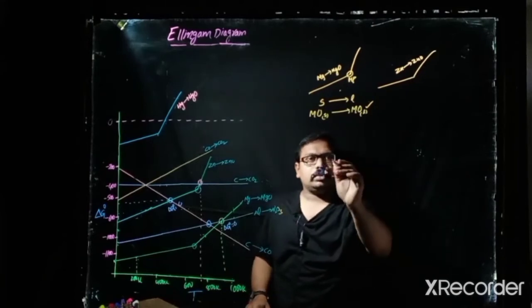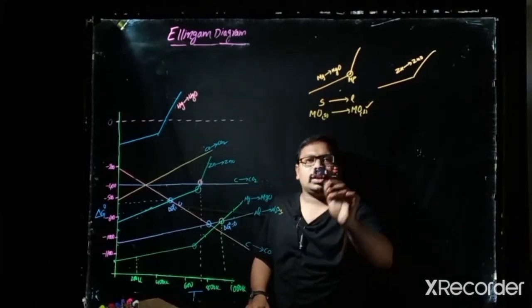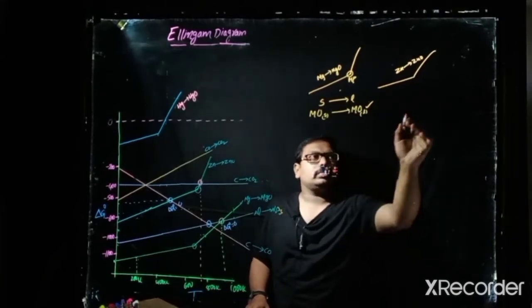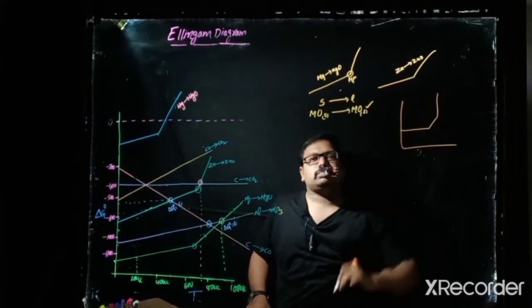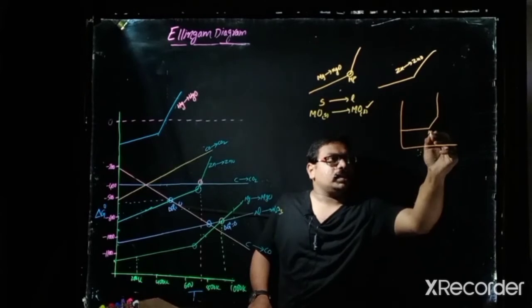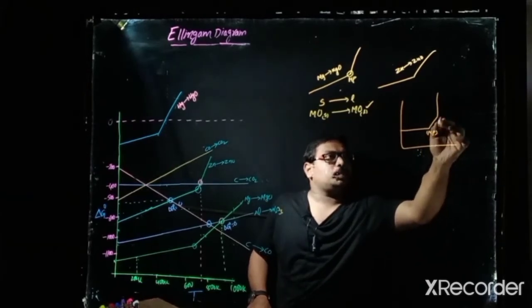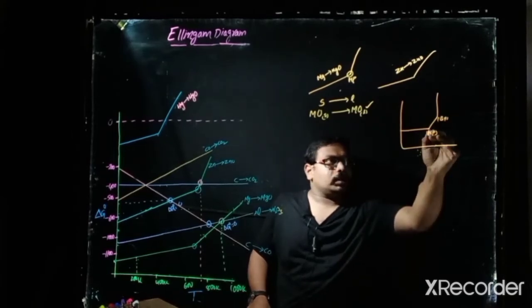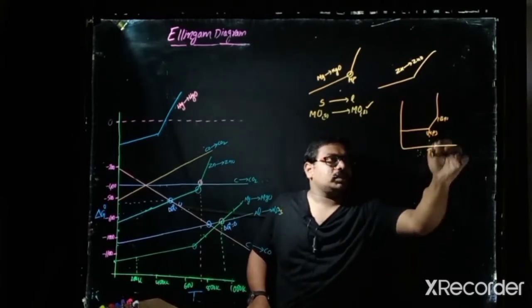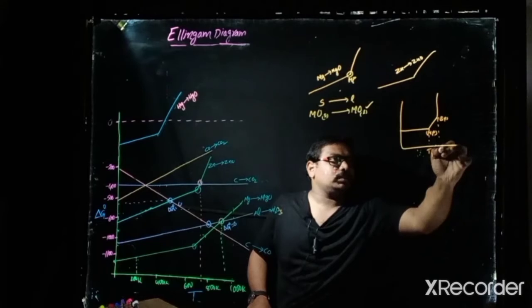And one more thing: for an unknown graph, we observe it like this. This point indicates the melting point, and this point indicates the boiling point. This corresponds to temperature T1 and this to temperature T2.